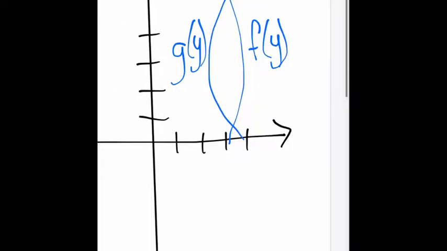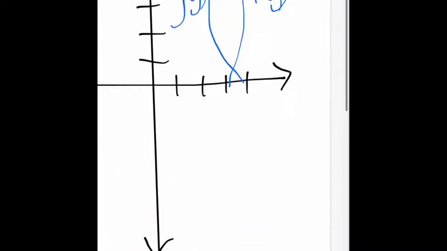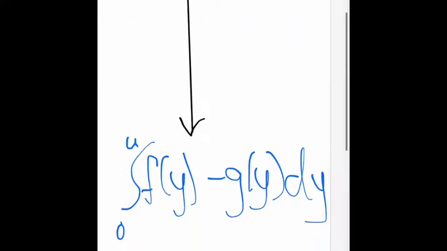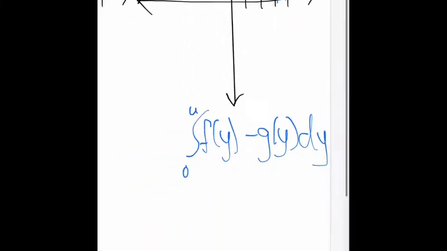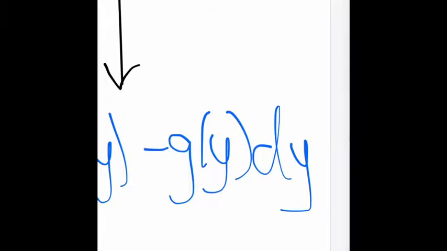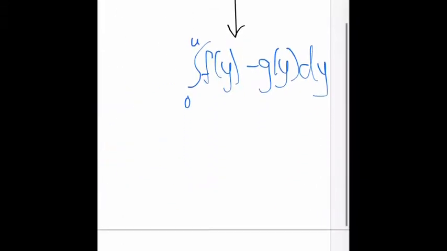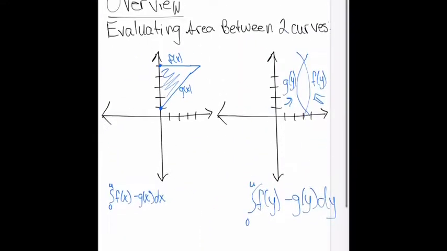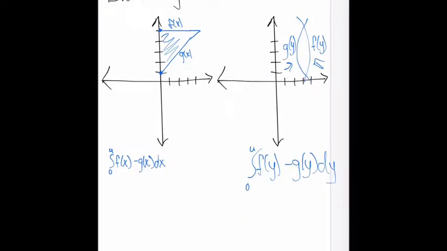The only difference when you're integrating with respect to y is you subtract the right line minus the left line, and then take the integral of that. Just make sure you have the right annotations with the dy and dx. Other than that, there is no other important secret you should know. So let's get into it.